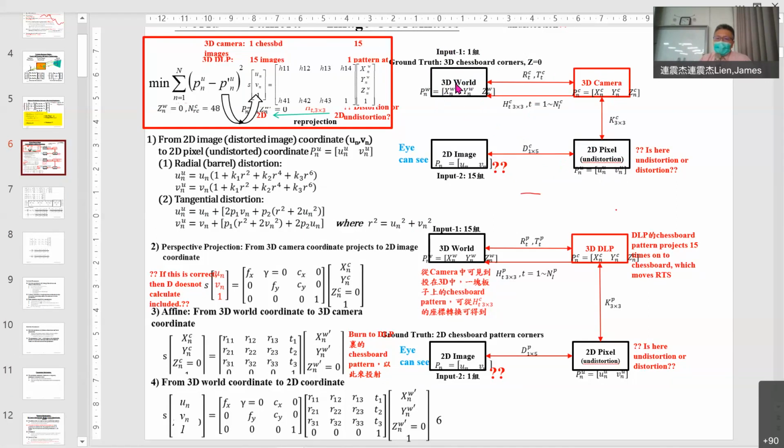You know this after R, T and the intrinsic parameters, based on previous work. And this is the image you take. The corner detection is here; we use corner detection to detect the image. This one you already solved from here to here. So we call this undistorted and this distorted, and we try to solve the distortion parameters.